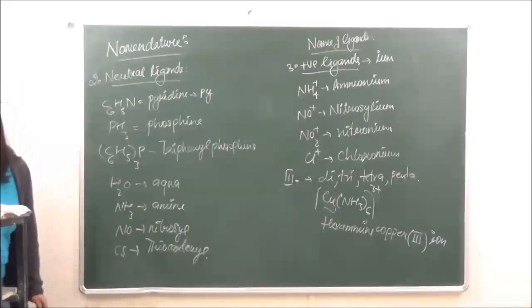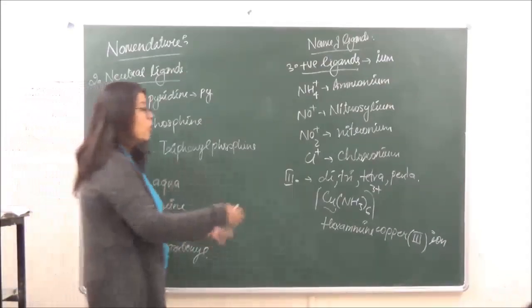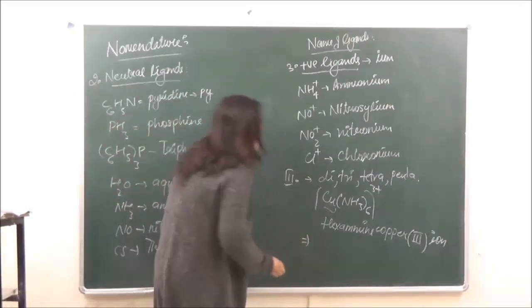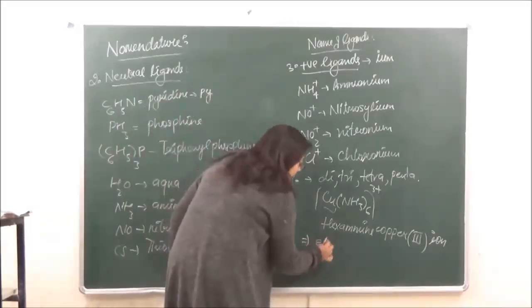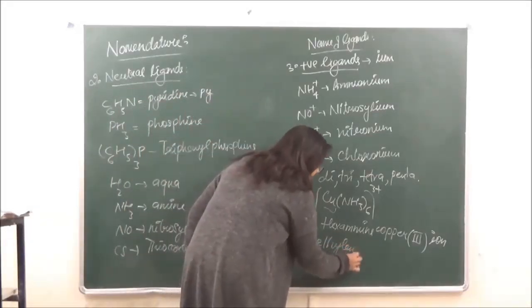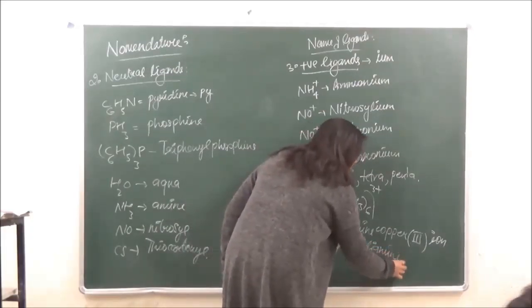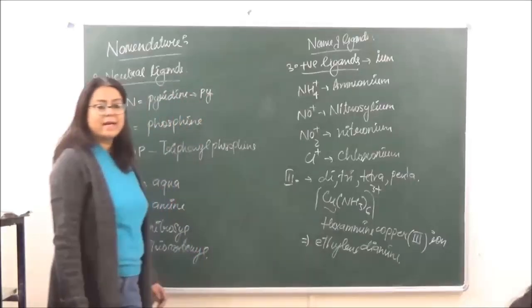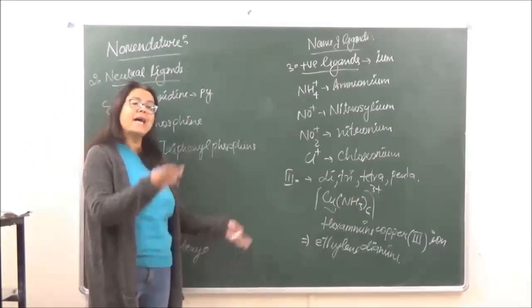Okay? But in case the name of the ligand already has di, tri and so on, for example we have ethylenediamine, and there are 2 molecules of ethylenediamine present, then in that case you cannot write it as diethylenediamine.